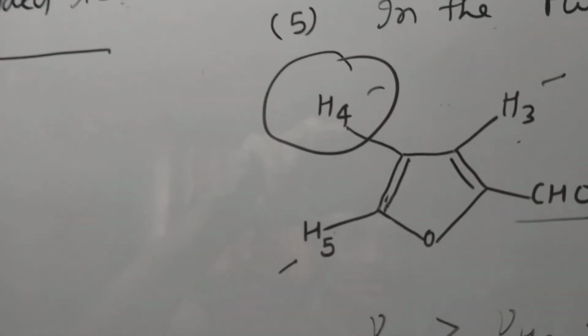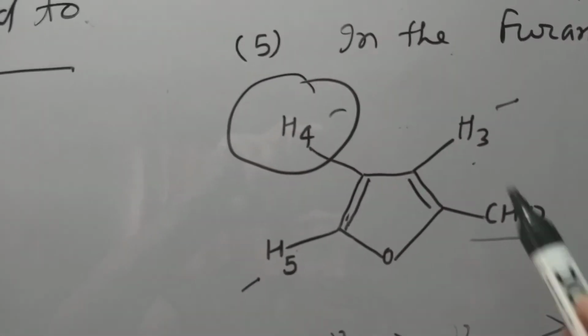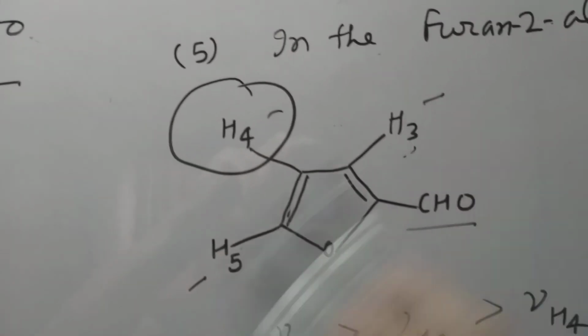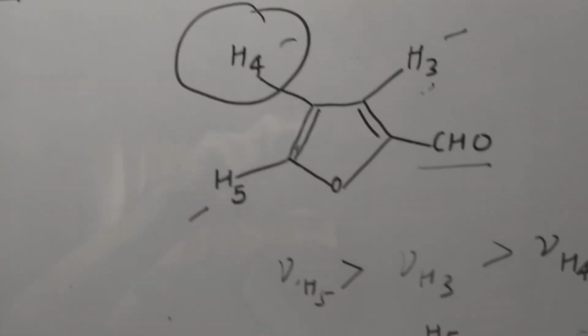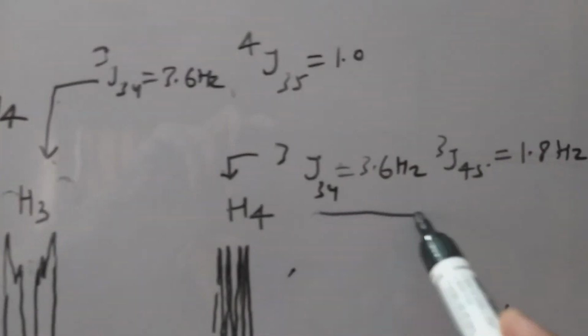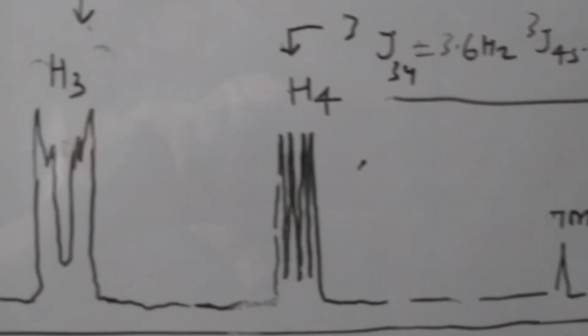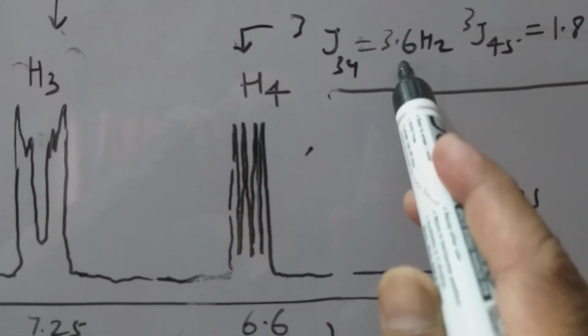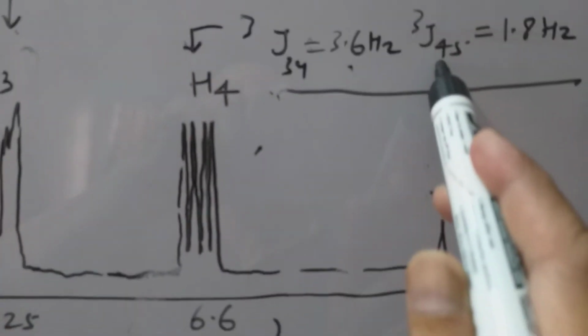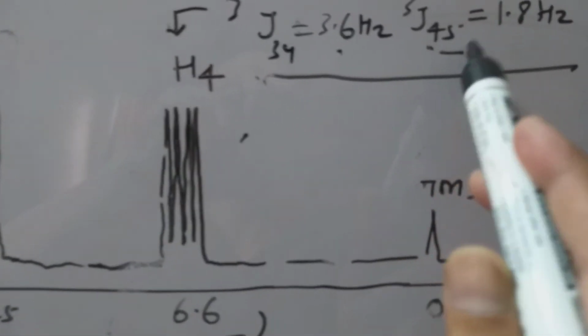Here we will consider first the coupling of the proton H4. H4 has two adjacent neighbors, H3 and H5. It can couple with both of them. Both are vicinal protons, and we can see it has two coupling constant values. When it couples with proton 3, it has coupling constant 3.6, and when it couples with proton 5, it has coupling constant 1.8.